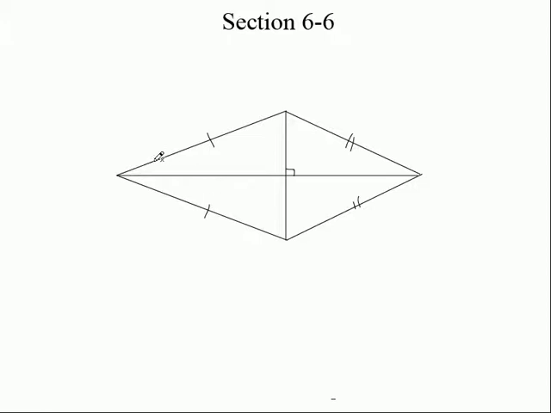So which one? Is it this one and this one, or this one and this one? I think it's this one and this one. So it's the one between the two unequal sides. It doesn't say it in here, but it looks like that's the one.